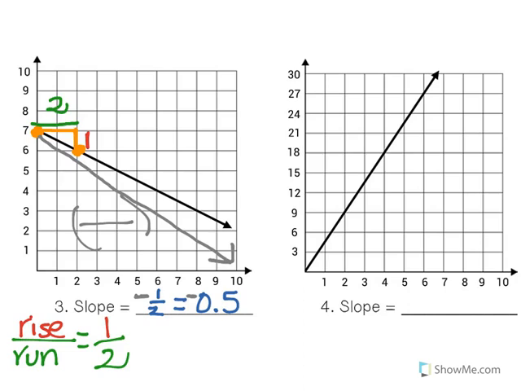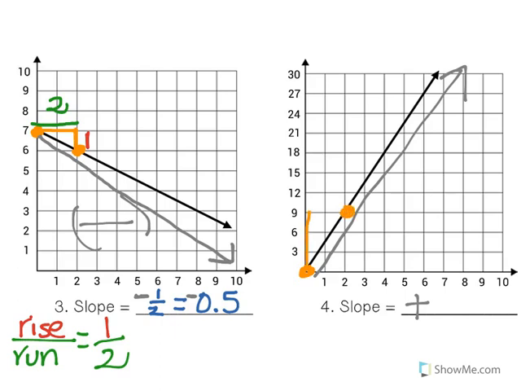So, number 4. Let's look at number 4. This time I'm going to check my line first. From left to right, I'm going up. So my answer is positive. Now I'm going to choose 2 perfect points. There's a perfect point, and I'm going up and I see another perfect point.